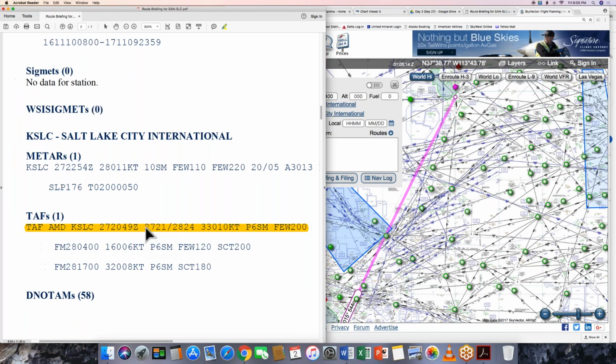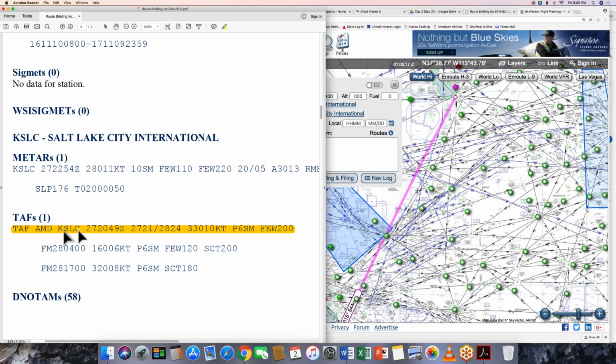That is our TAF valid time. That's just saying that this TAF is the forecast from the 27th at 2100 Zulu until the 28th at 2400 Zulu. So this last line ends the 28th at 2400 Zulu. That's when the forecast would end.